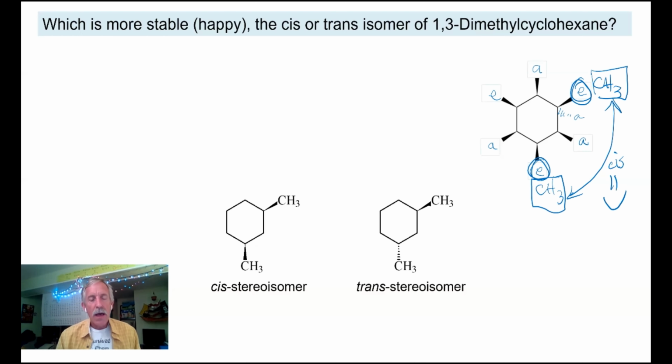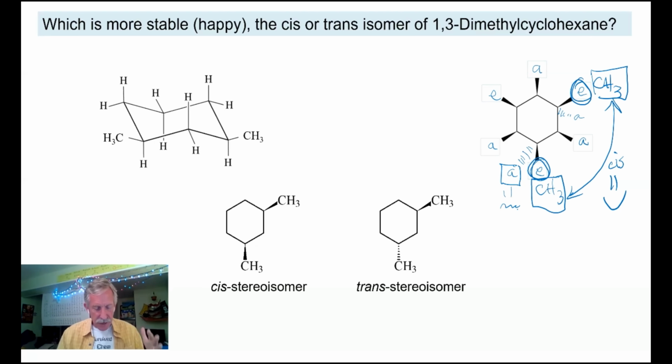Woohoo! If I made one of them a methyl dotted line, like this one on the bottom, sad, sad news. If I looked at the trans and kept this top one methyl equatorial, the 1,3, 3 carbons away, the dotted line would be axial. So keep this in mind when you're looking at your chairs.